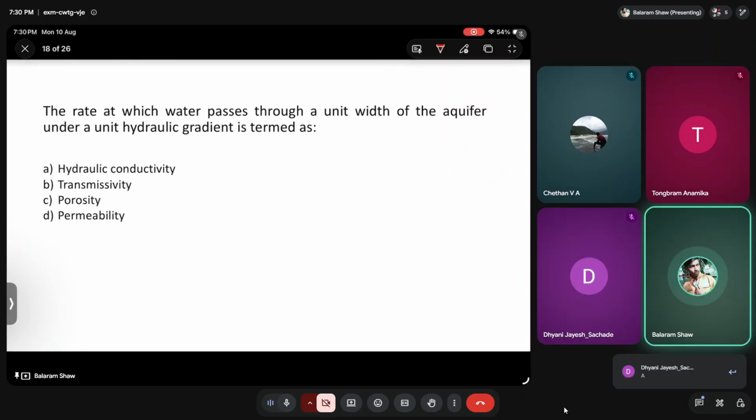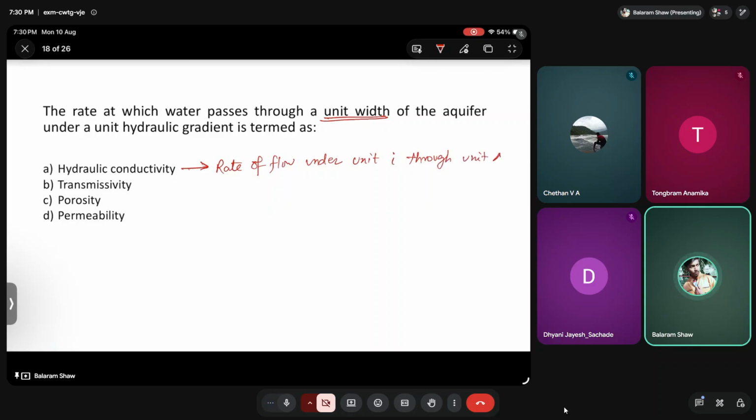Hydraulic conductivity is the rate of flow under unit hydraulic gradient through unit cross section area, that is A, of the aquifer.